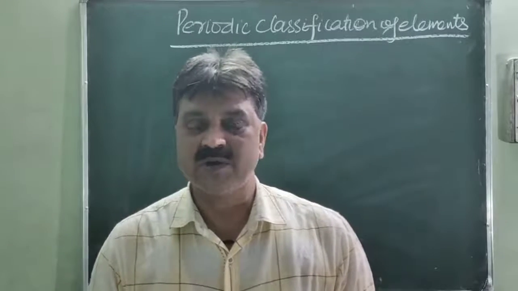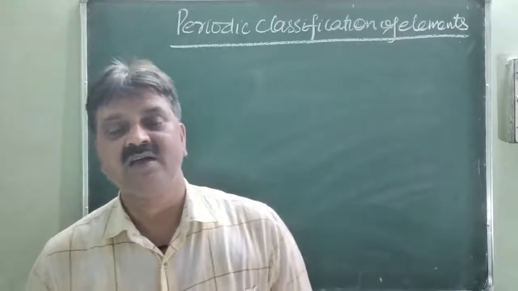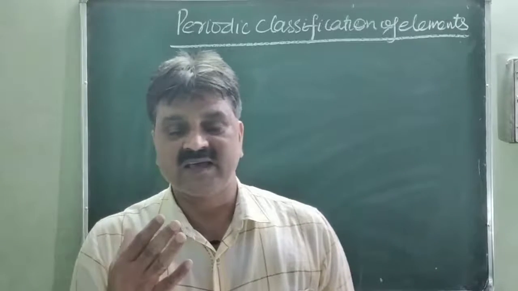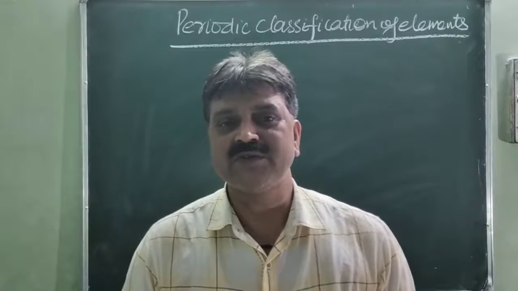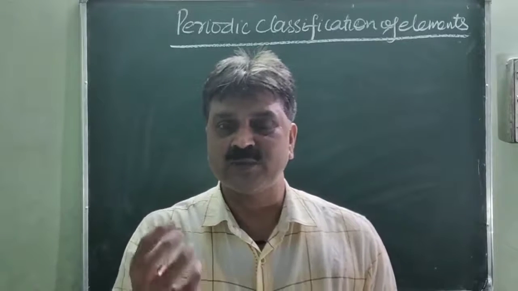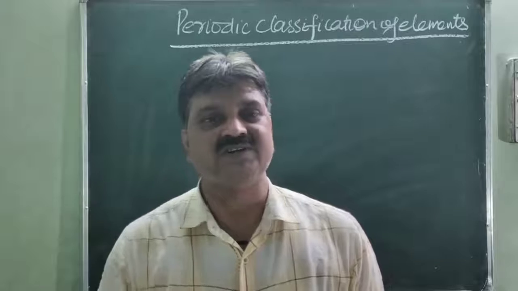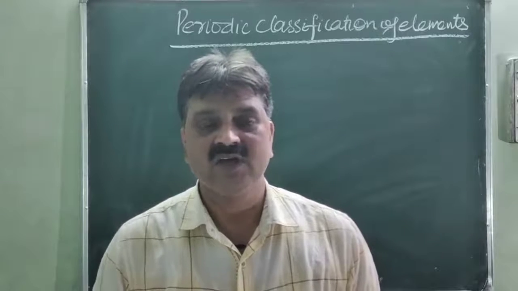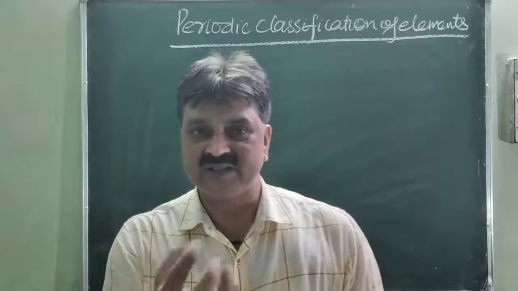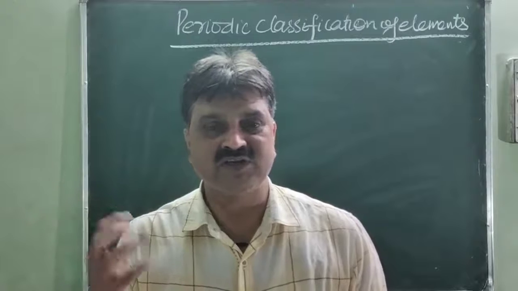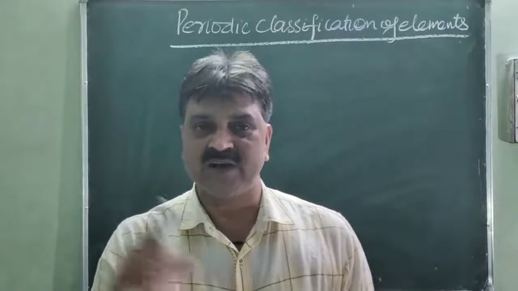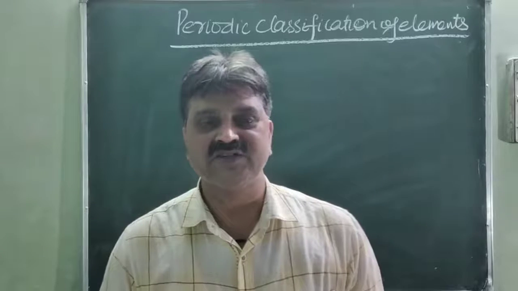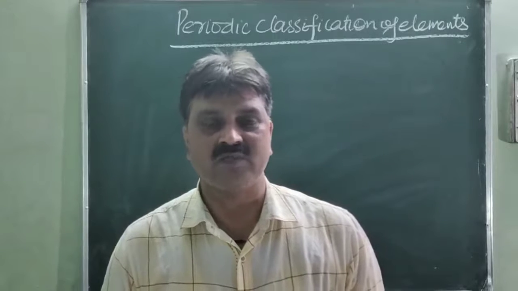Another property we have discussed is electronegativity. Electronegativity means the tendency of an atom to attract the shared electron toward itself. You will read this in the higher class also. Electronegativity also increases left to right across the period and decreases top to bottom within the group.